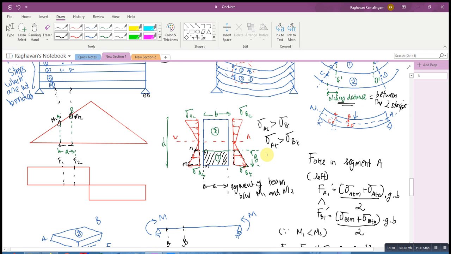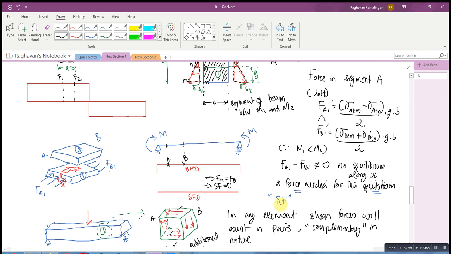Now, in case I had taken a section over here, then I will have a different value of Fa1 and a different value of Fb1, and therefore my shear force will also become different, and this tells me that the shear forces or the shear stresses will be different at different locations along depth.